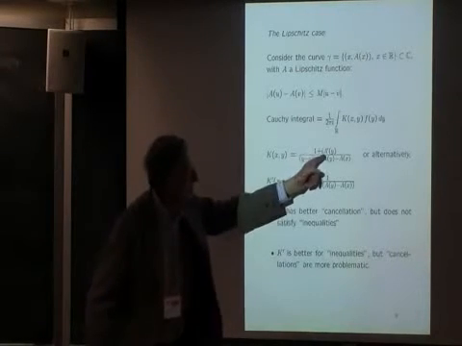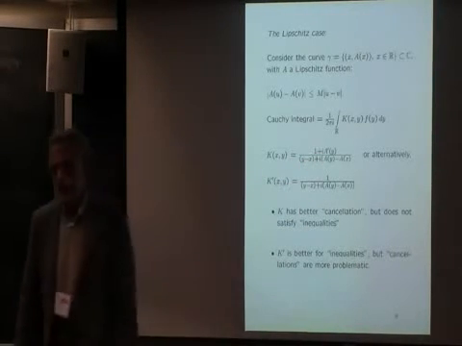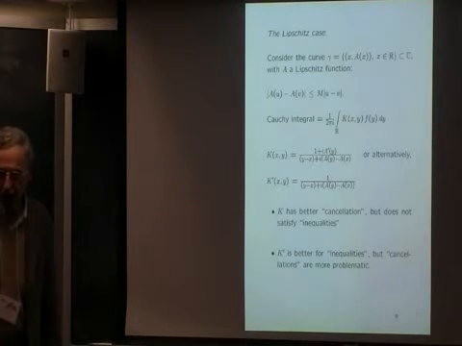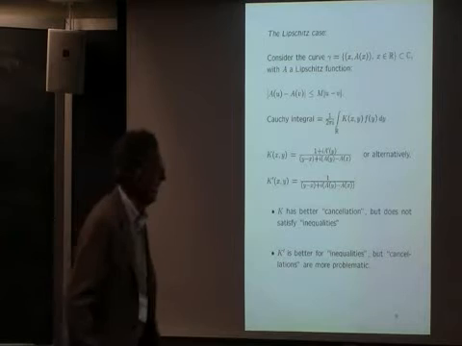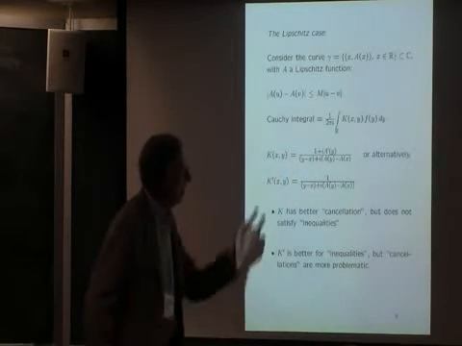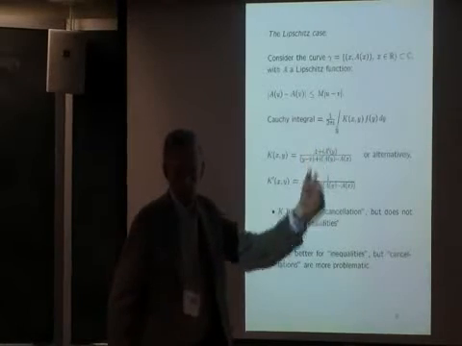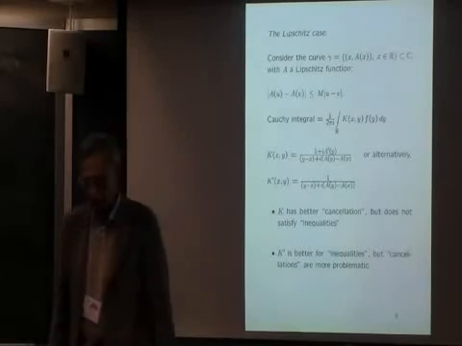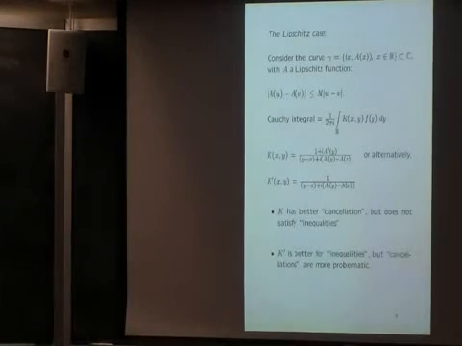Now you notice this term 1 plus i a prime of y, that comes from the d zeta in the Cauchy integral representing the curve. And so there is this version of it, or there is the version when you get rid of this factor, and then you try to put that factor in the function. So these are different versions, but they each have their strengths and their weaknesses.